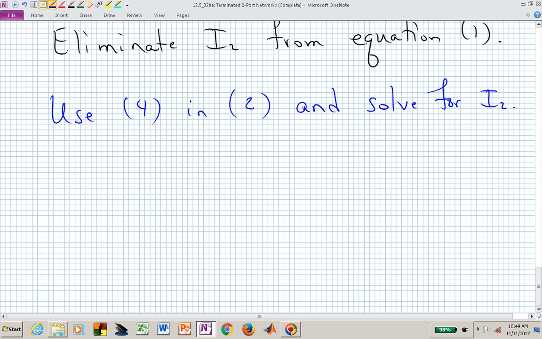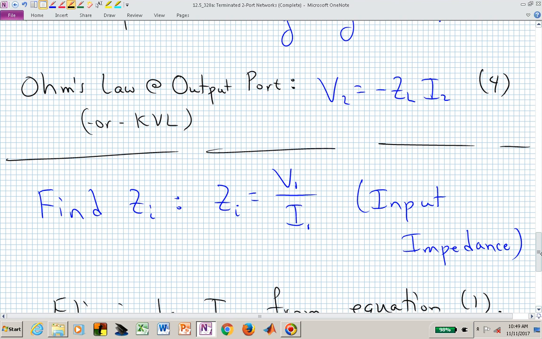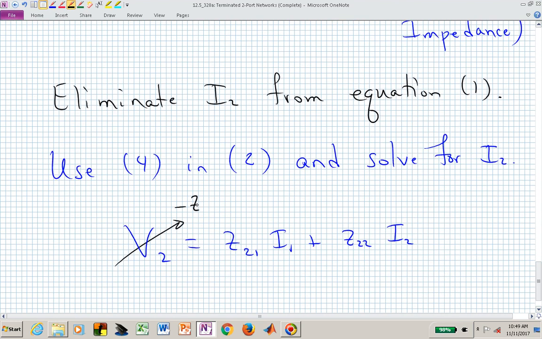So equation 2 is V sub 2 is equal to Z21 I1 plus Z sub 22 I sub 2, but equation 4 is Ohm's law, or that's now minus Z sub L I sub 2.